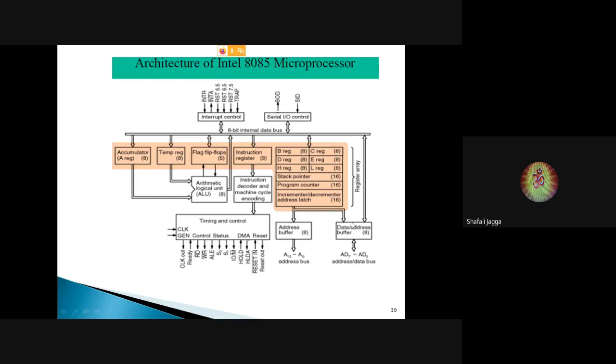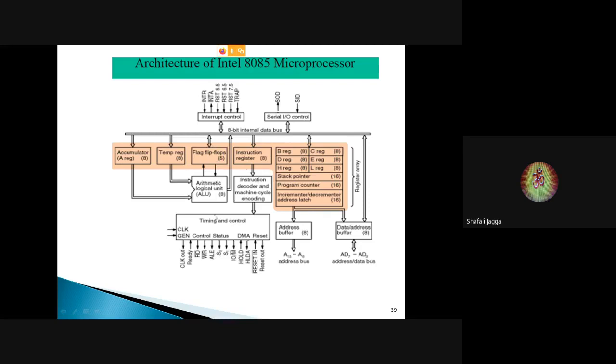From the data bus, this opcode will come and first go to the instruction register, where it is decoded. When it is decoded, the microprocessor comes to know what operation it has to perform and how many machine cycles it will take. So machine cycle encoding will take place here in the decoding section, and then it will decide whether another operation is to be performed or whether this is the first or last operation of the instruction. So these are all about the registers.